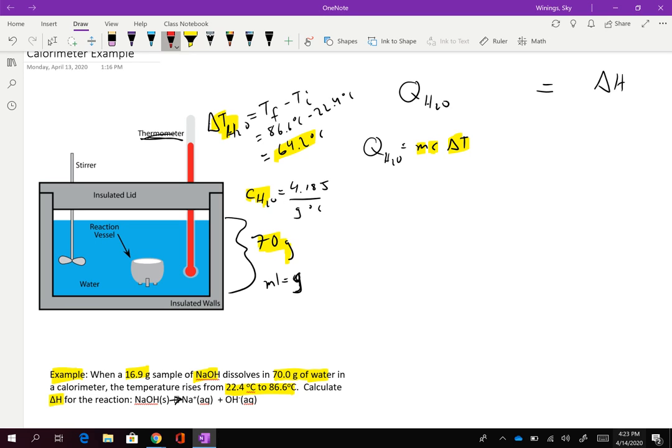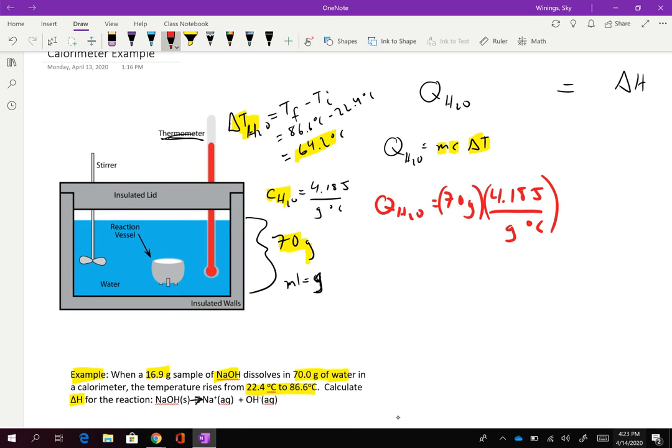Our Q of water equals our mass, 70 grams, times my specific heat, 4.18 joules per gram degrees Celsius, times my delta T, which is 64.2 degrees Celsius.